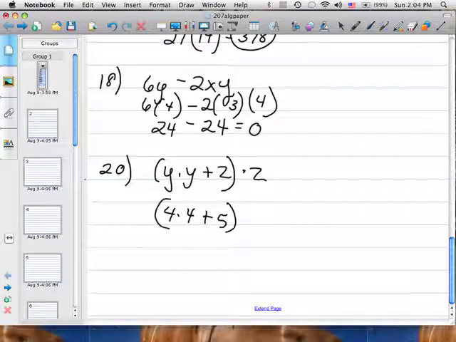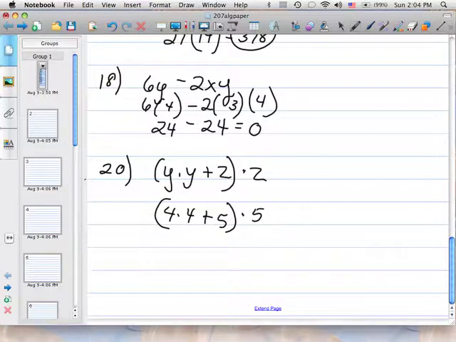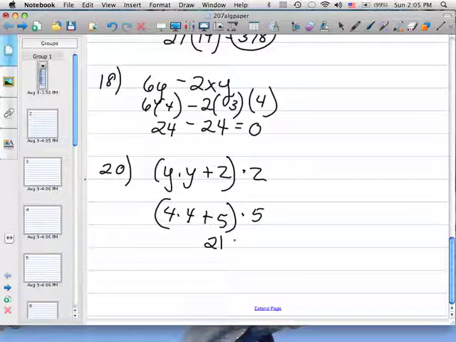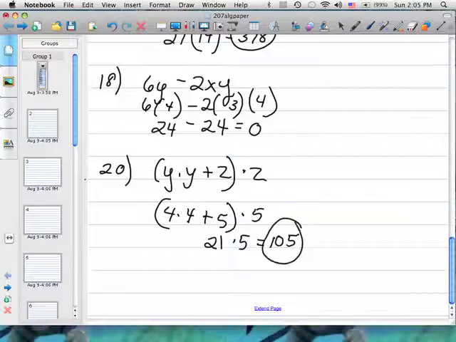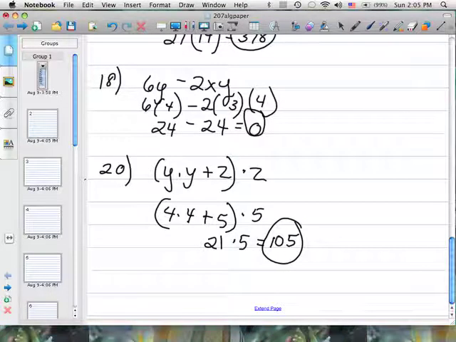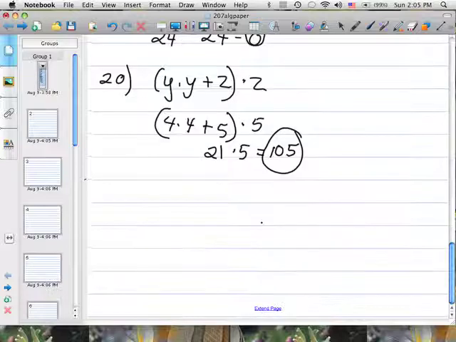Number 18, we have 6y minus 2xy. So 6 times y is 6 times 4, minus 2, x is 3, and y is 4.